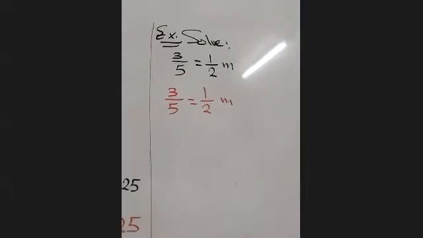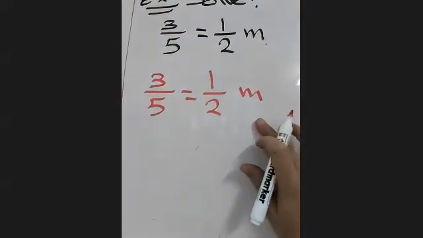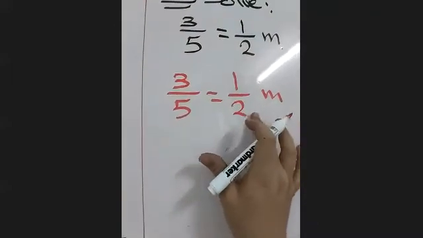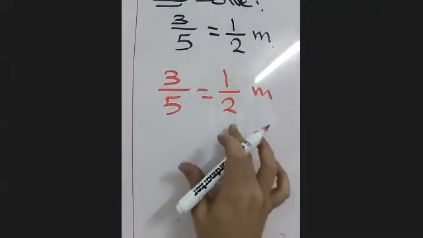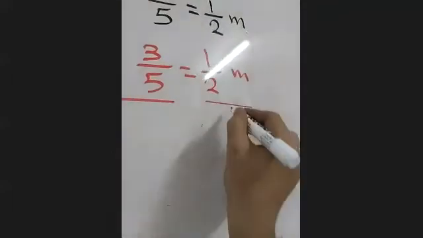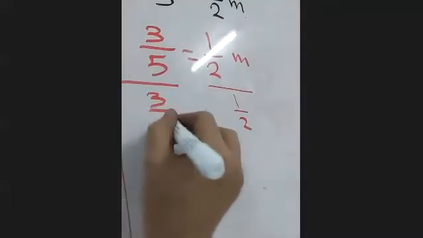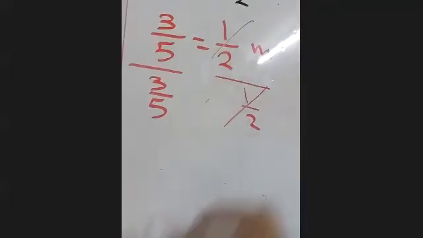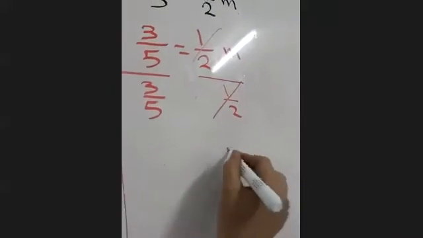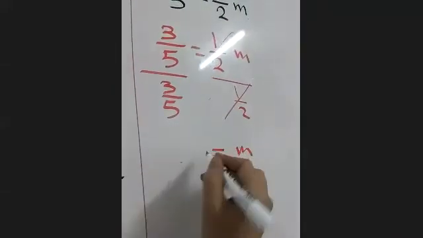Now, what is the variable? The variable is m. What is the coefficient? 1 over 2. In multiplication, we divide both sides by the coefficient. So I will divide both sides by the coefficient itself. These are gone. Now this side is still m, and the equal comes down.